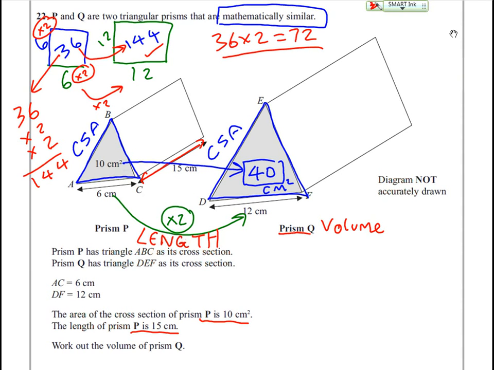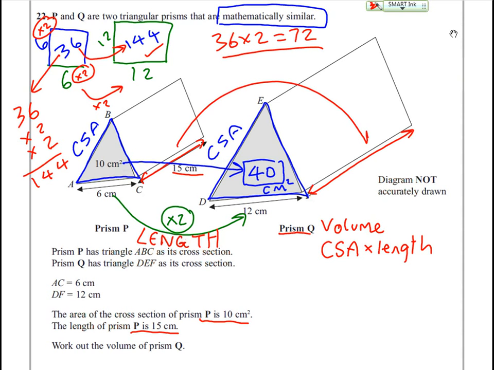Now, we need to get the volume by timesing the CSA times the length. Now we don't know the length, but fortunately we know that this is 15, it's just a length, so this is going to go to 30.